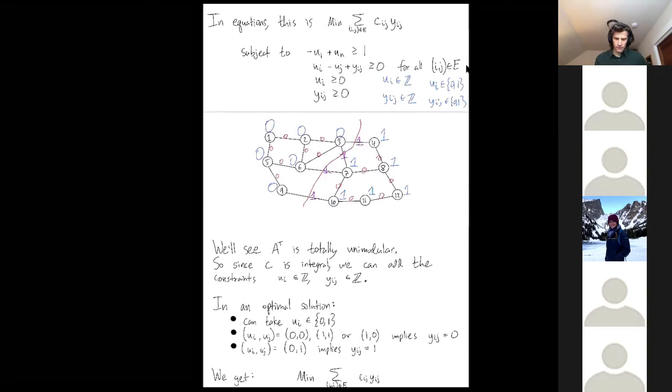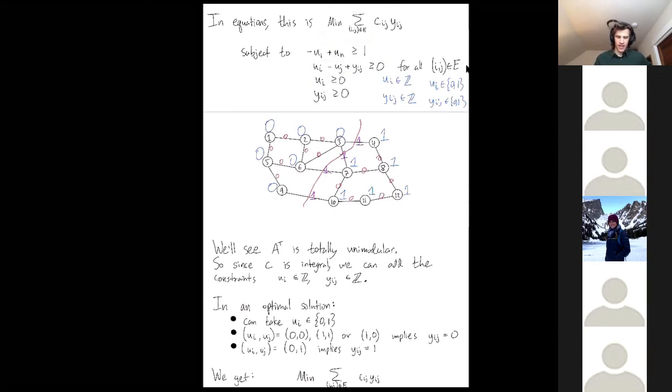And then look at this equation. Ui minus uj plus yij is non-negative. If ui and uj are equal, or if ui is bigger than uj, you might as well take yij to be 0 in an optimum solution, because you can and still satisfy this constraint and all the others, and you're trying to minimize something in terms of yij.